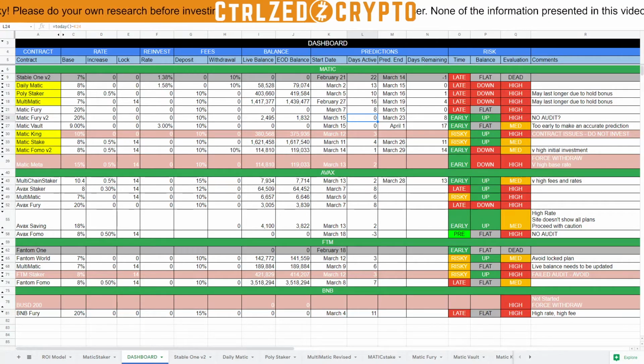You should be aware that all of these are ROI apps. They are very risky by nature. As I've said in previous videos, they're basically Ponzi schemes. You can watch my previous video on ROI DAPPs Ponzi schemes if you're unsure what that means, but definitely be aware of what they are and how they work before you invest, and do your own research.